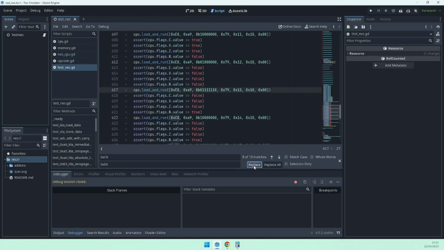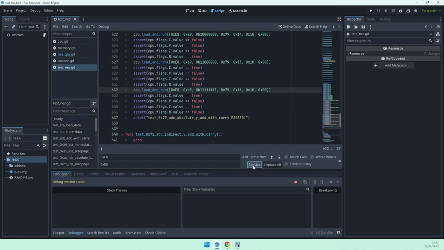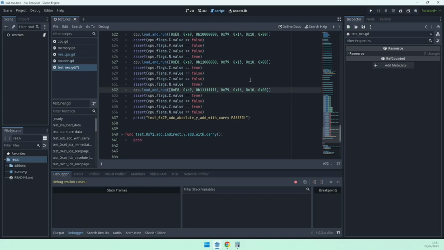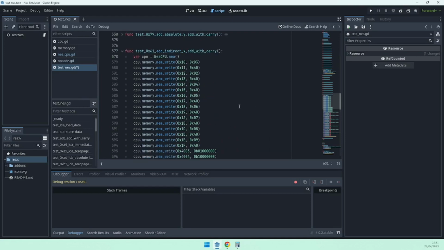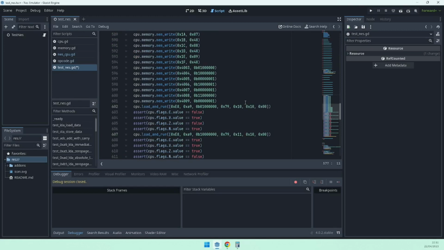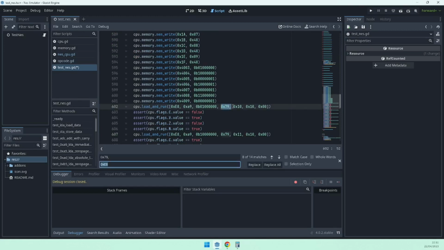Let's start replacing. The instruction is 0x61. Let's start replacing that as well.